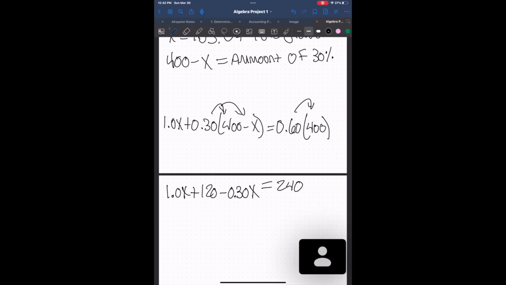Whole number x minus 30% of an x is going to be 0.70x plus 120 equals 240. Subtract 120, so 0.70x is equal to 120.